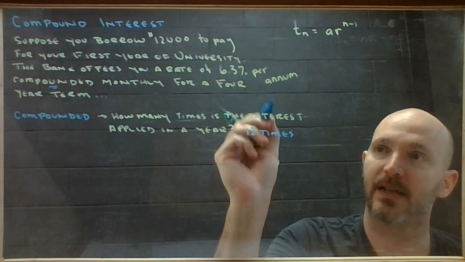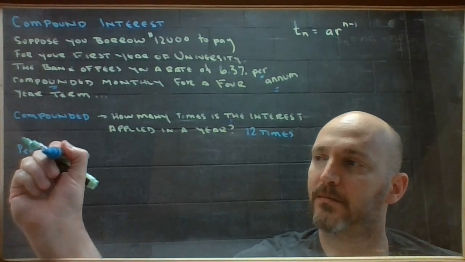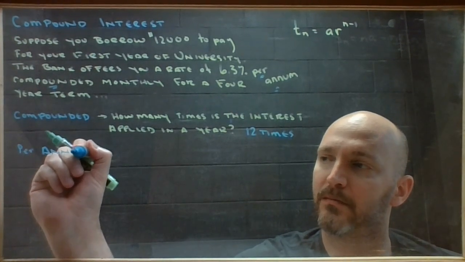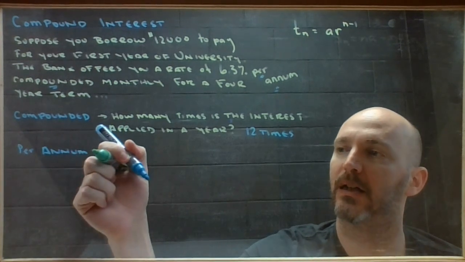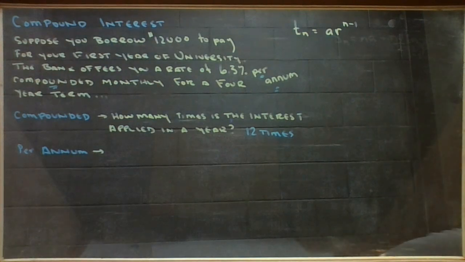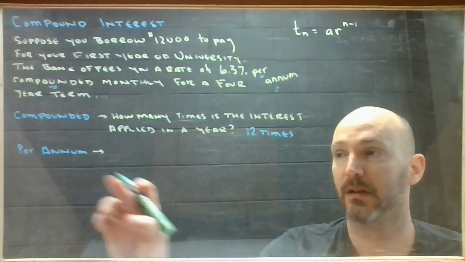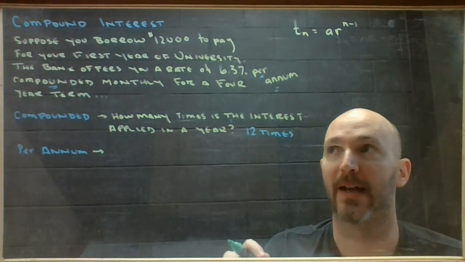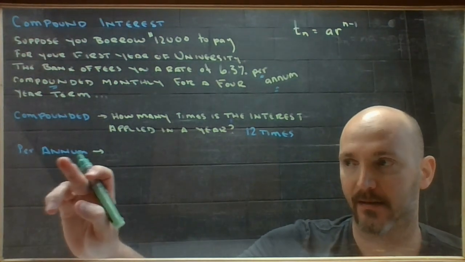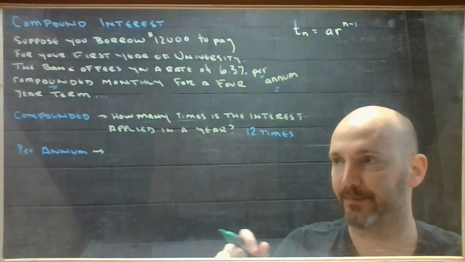Okay, this second phrase here, per annum. Annum is Latin for a year. It comes from the root word for circle. So if you've ever heard the word annular, that's A-N-N-U, the prefix means something that is around.